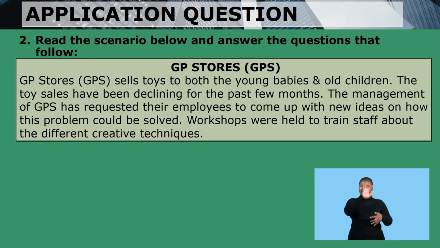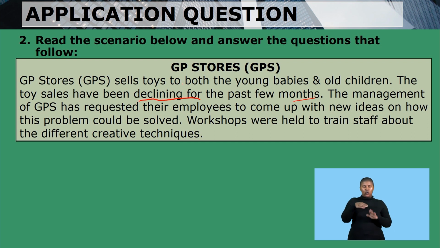Then we're moving on to question number 2, a scenario-based question. It says here, read the scenario below and answer the questions that follow. We've got GP Stores, which is GPS. GPS sells toys to both young babies and older children. The toy sales have been declining for the past few months. What is to decline?